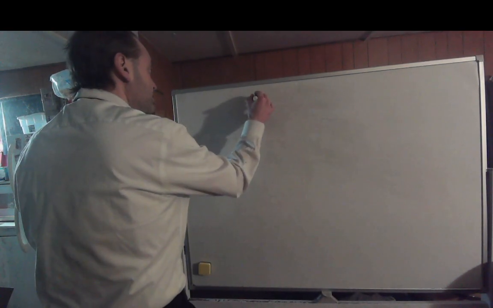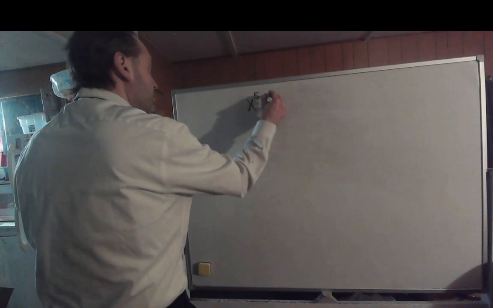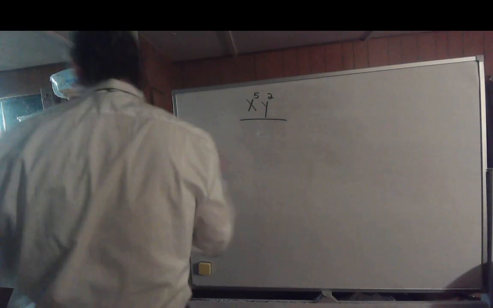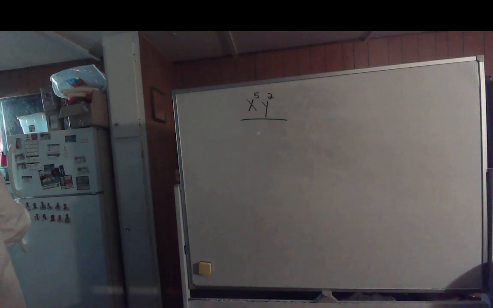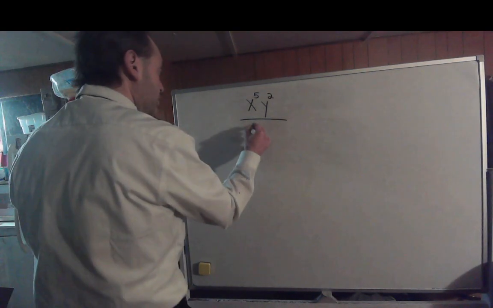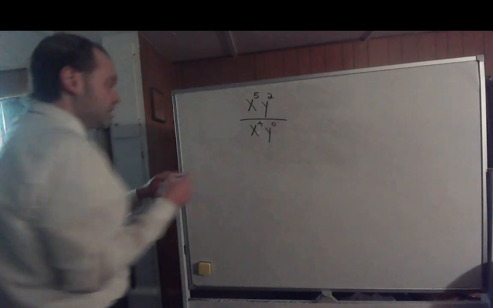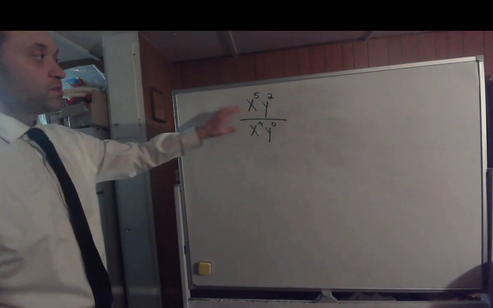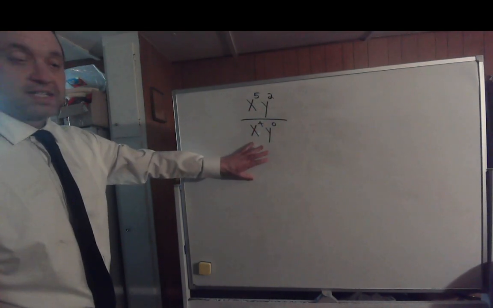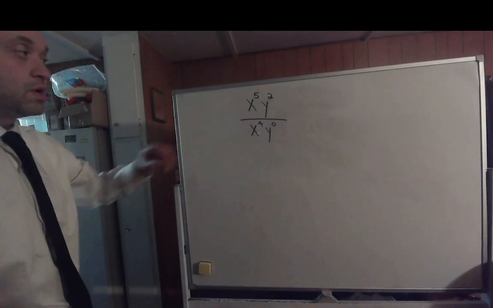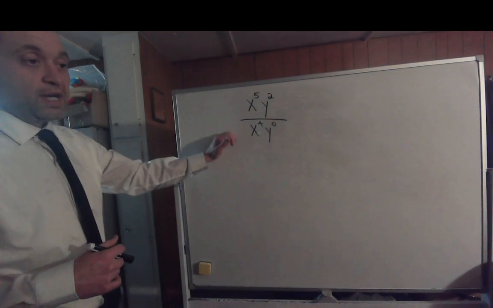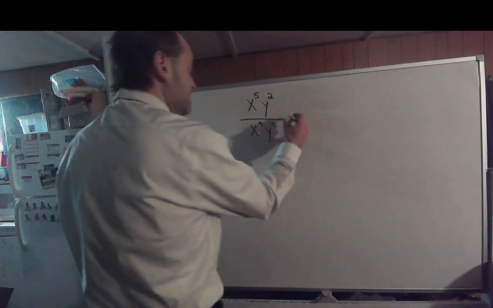Alright, let's see. We have x to the 5th y squared divided by x to the fourth y to the 0. So we have x to the fifth y to the second over x to the fourth y to the 0. Well, you have two different bases, but still the same process.